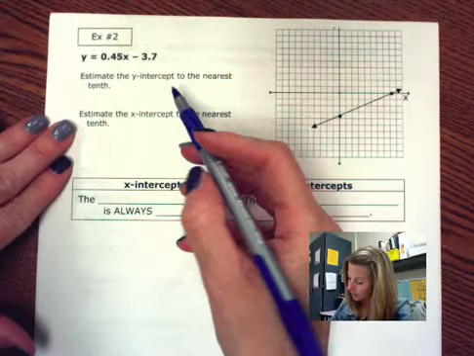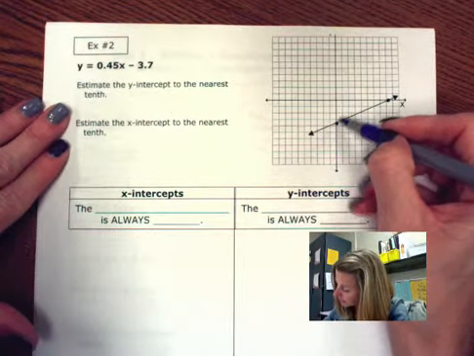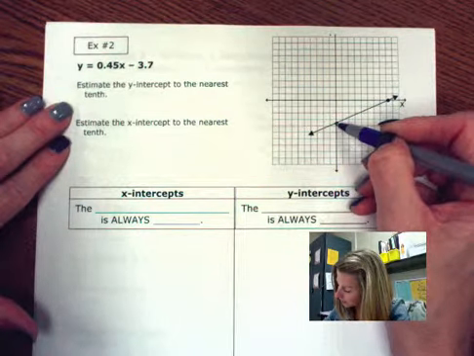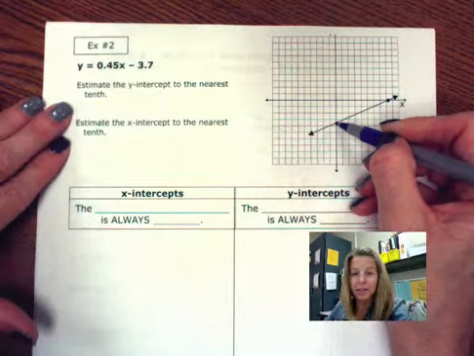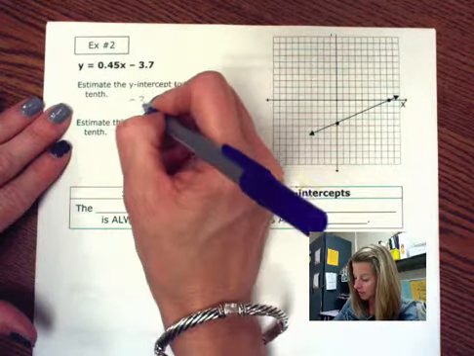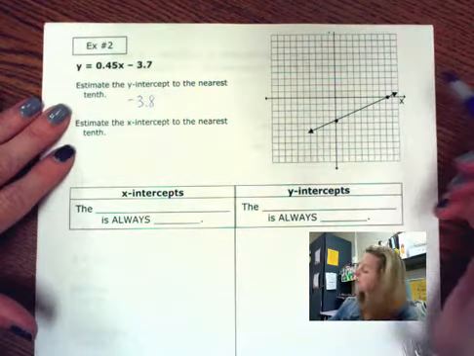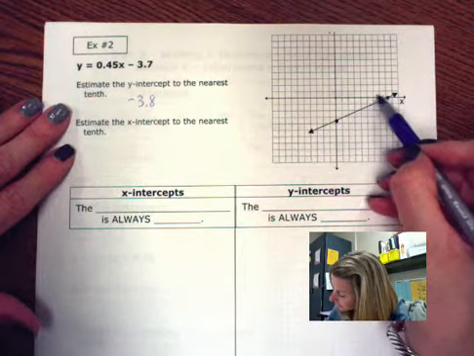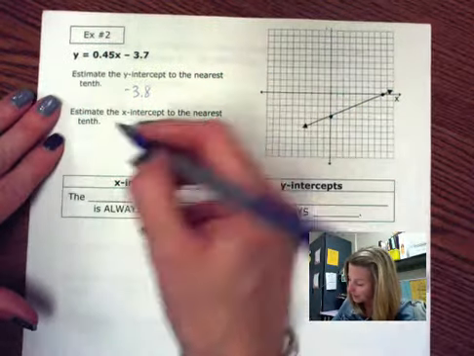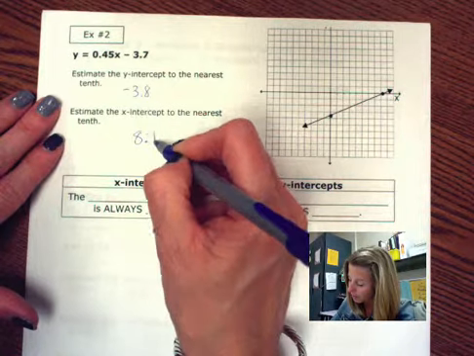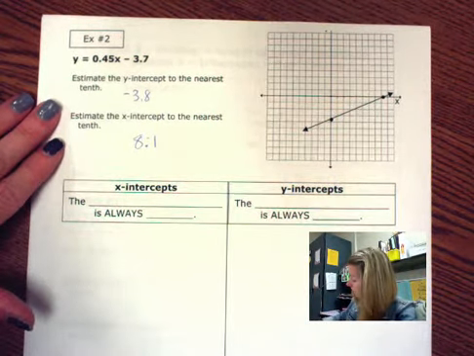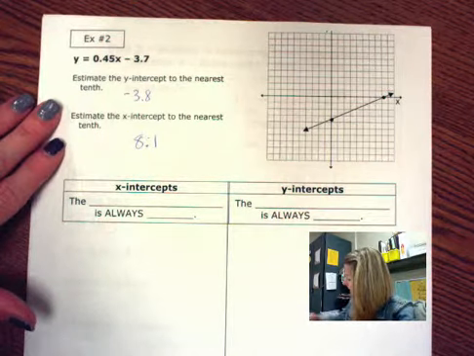When I look at this, I'm estimating the y at about -3.8, because it's almost 4, but not quite. The x goes out to about 8. Let's call that 8.1 or something like that. From there, I want to accurately calculate this.